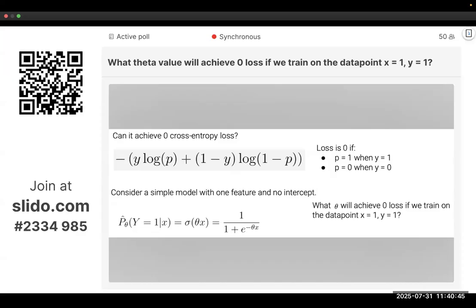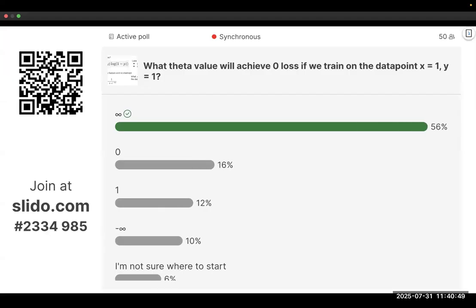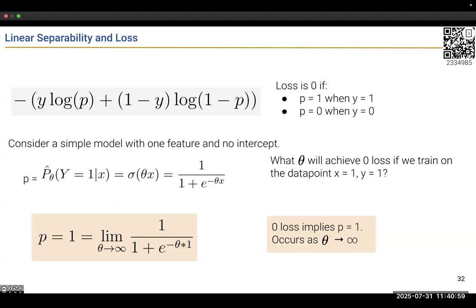All right, let's take a look at what people think. Okay, the correct answer is infinity, and most of you got it. So let's see why this is infinity. We want zero loss on this point, where x is 1, y is 1.